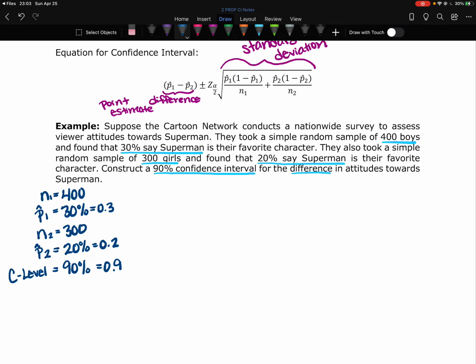Another thing we're going to need in order to use the Excel spreadsheet: I don't have P1 hat, P2 hat in the spreadsheet. I need to find X1 and X2. I need to know how many boys picked Superman and how many girls picked Superman.